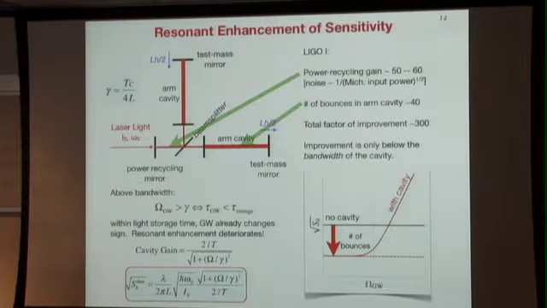I won't bother you with these formulas, but basically that turns out to be the gain factor. You gain this 2 over t due to the number of bounces, but then you gain this factor that depends on frequency, where gamma is the knee frequency of your gain, which is equal to 1 over the storage time of light in the cavity.